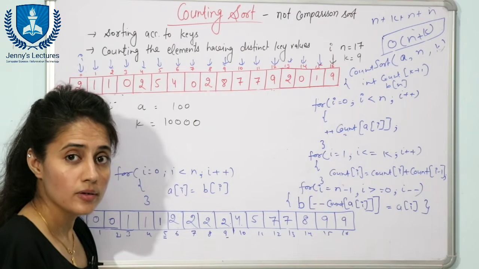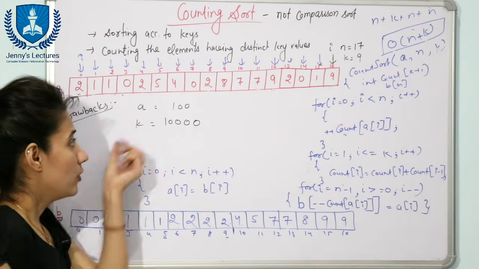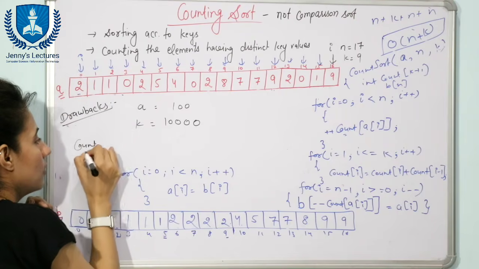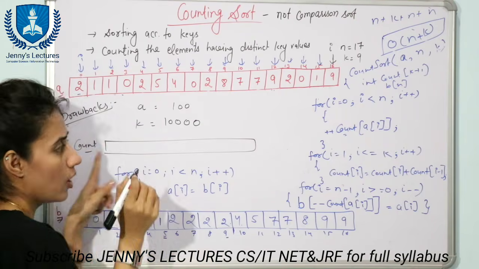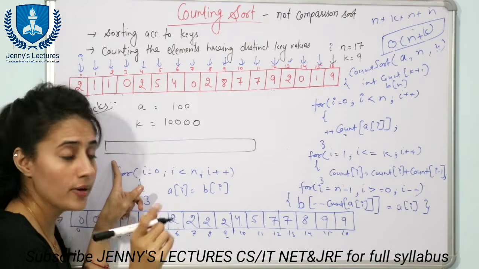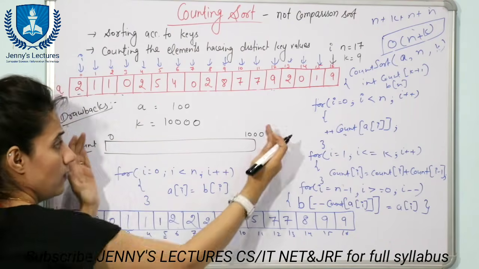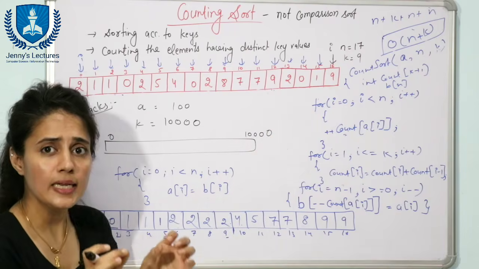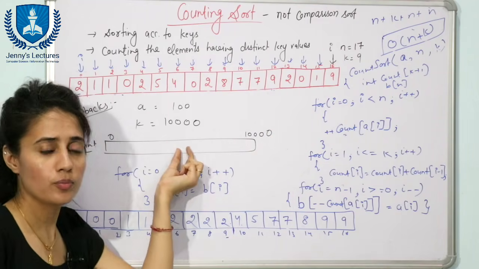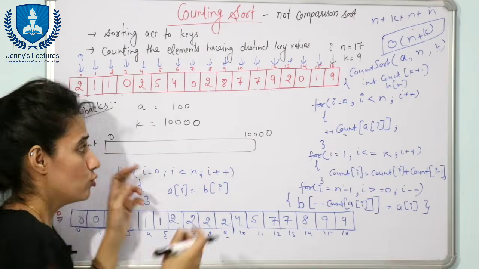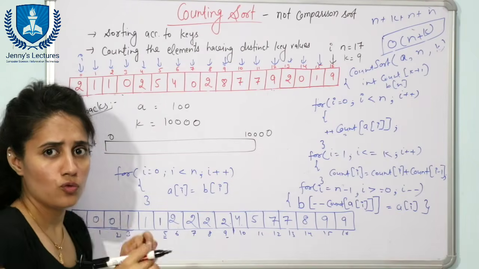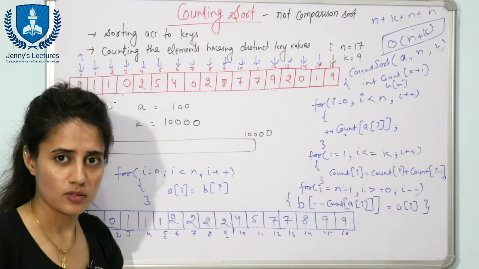Now you are going to create a count array, and the size of this count array would be from 0 to 10,000. In these locations only 100 elements would be there. So many places in this count array would be 0, 0, 0, 0, something like this.